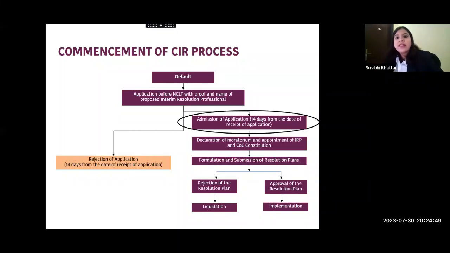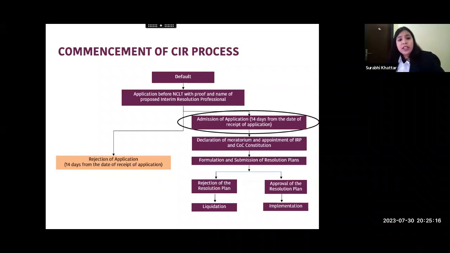COC, if it considers in its commercial wisdom that the plans are feasible and viable, then it will approve. And if COC approves the resolution plan, then it is further sent to NCLT for its approval, in which case, if NCLT also approves, then the plan will be implemented and this new successful bidder, which has given its bid for the corporate debtor, will take over the company.